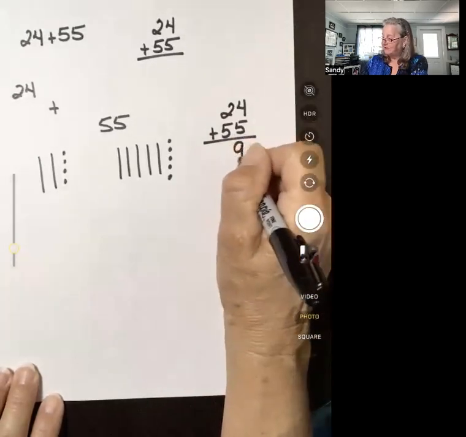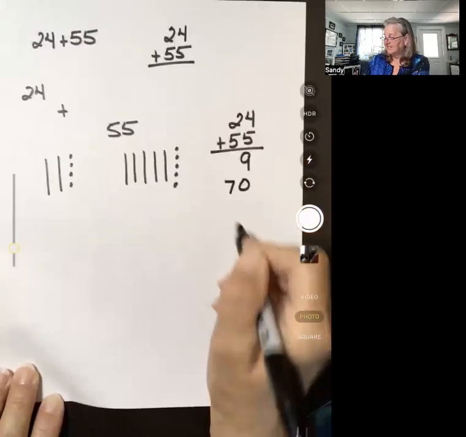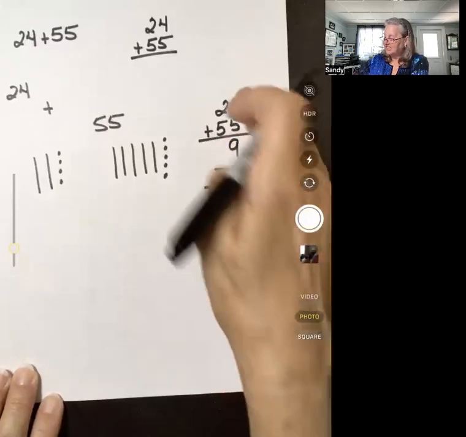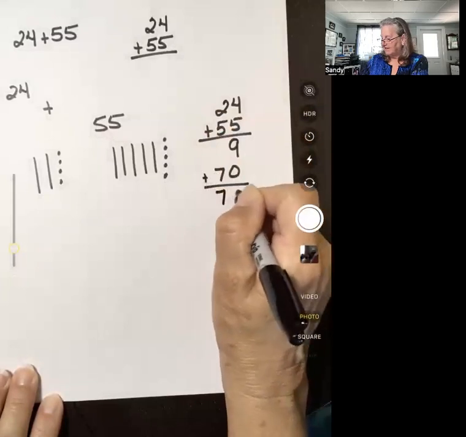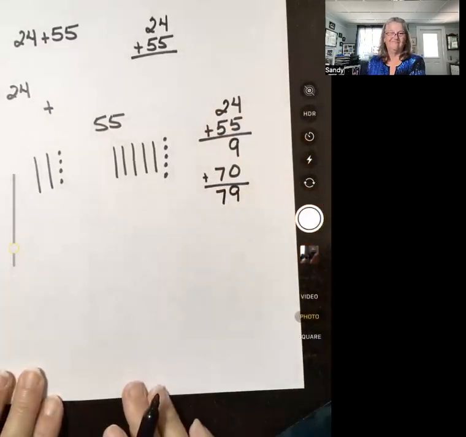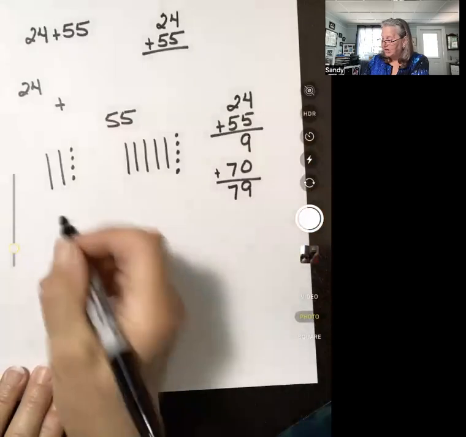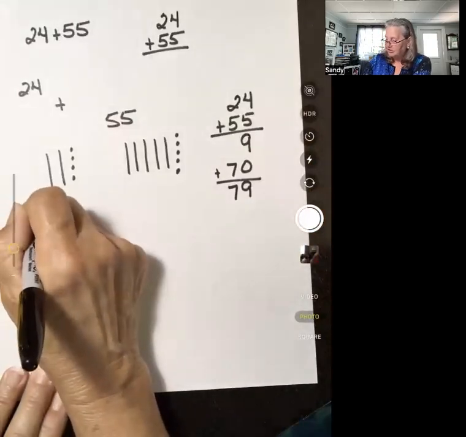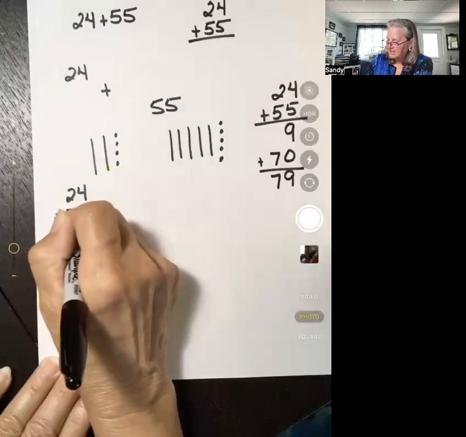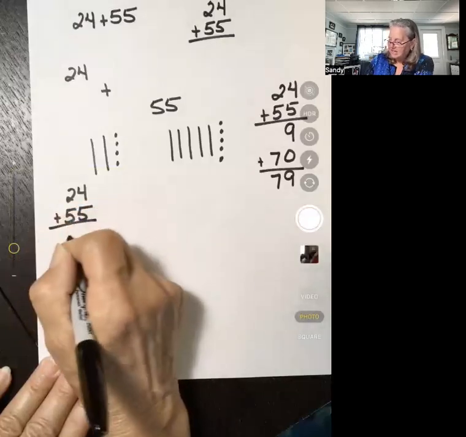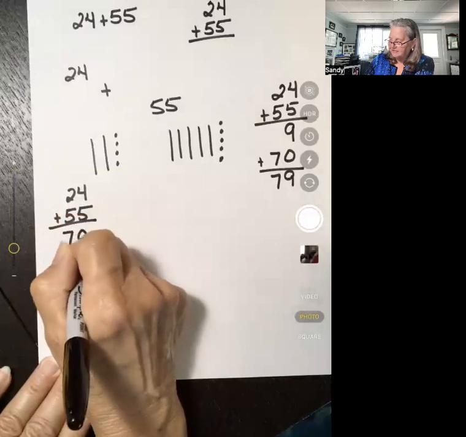What's 20 and 50? 70. So you're going to see essentially the place value sums written, and then we get that total. Okay, when I'm using place value in this way, I don't have to go right to left because I'm preserving the place value.